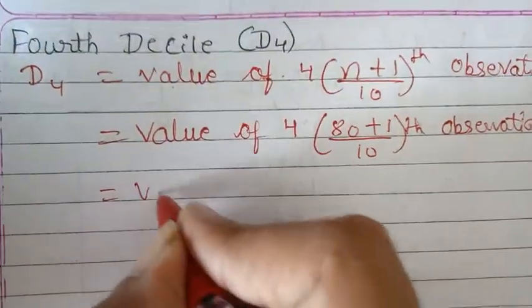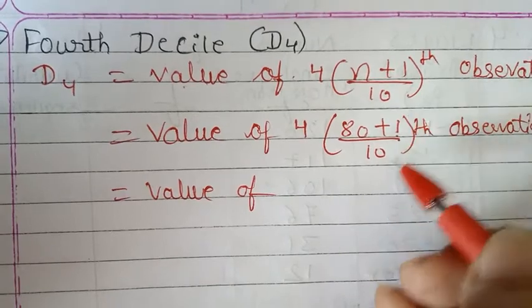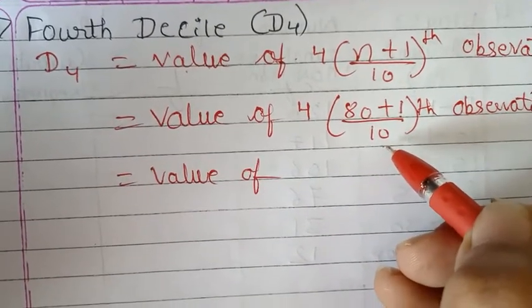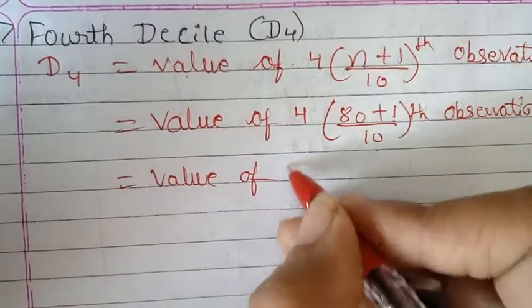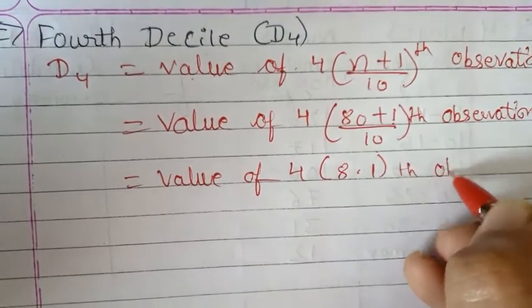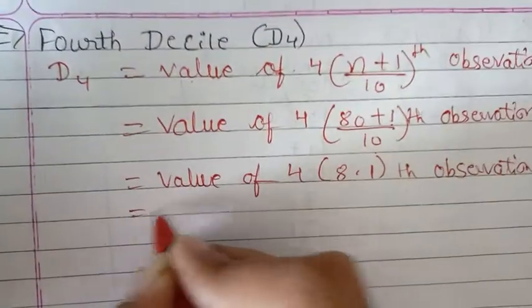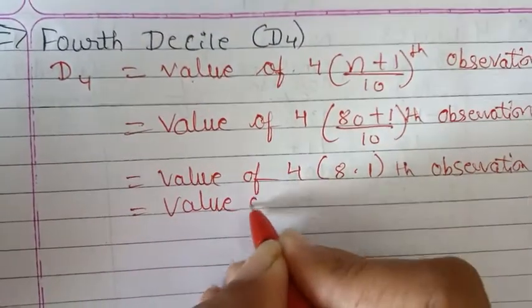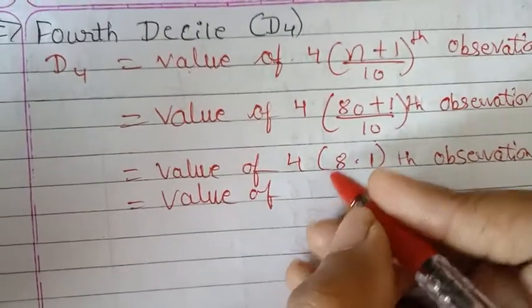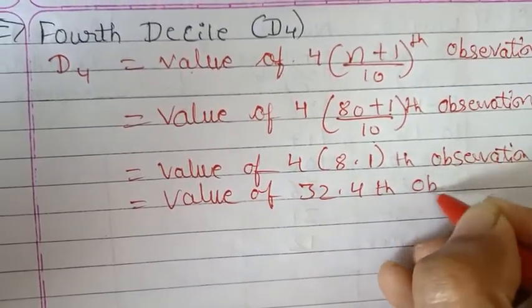Now 80 plus 1 is 81, and 81 divided by 10 is 8.1. So we multiply 4 by 8.1th observation, that is equal to the value of 32.4th observation.